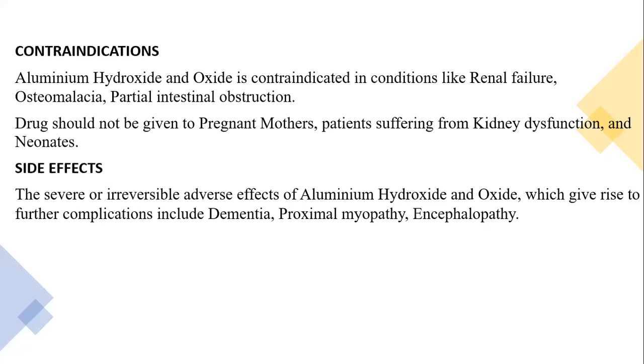In case of impaired kidney function this becomes difficult, and that can lead to kidney stones and other complications. So in those conditions we should not give aluminum hydroxide. Other conditions include osteomalacia and intestinal obstruction.